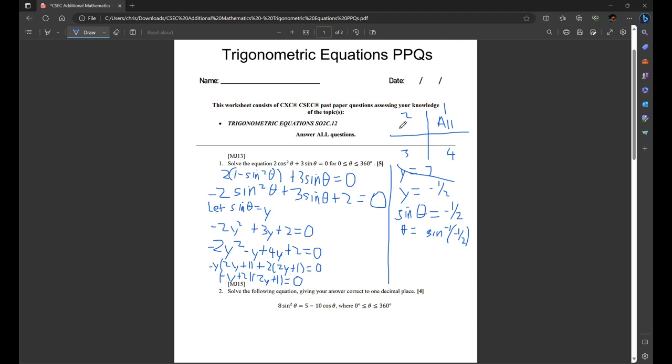And then over here, sine is positive, so I'm just going to put sine x is positive. Down here, only tangent is positive. And over here, only cosine is positive.